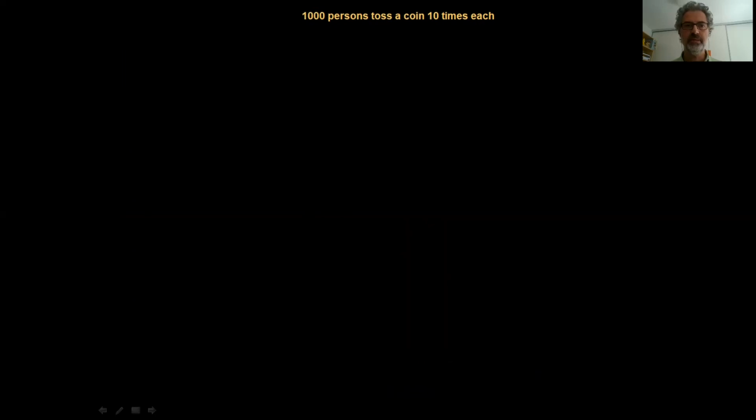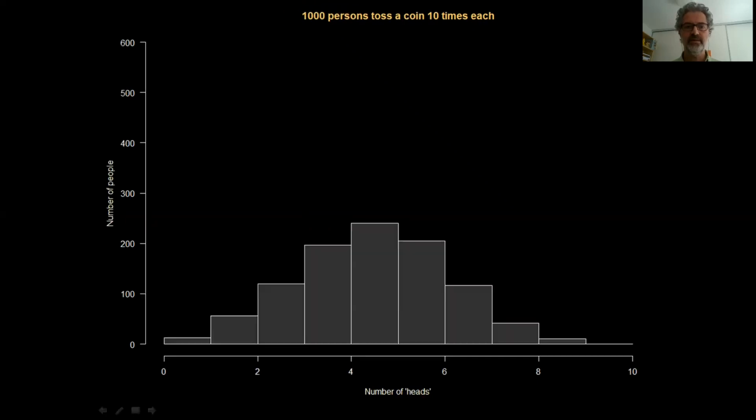What if we had a really large class with 1,000 students, each tossing a coin 10 times? Well, this is one outcome, and this is another group of simulated 1,000 persons. These don't change very much.